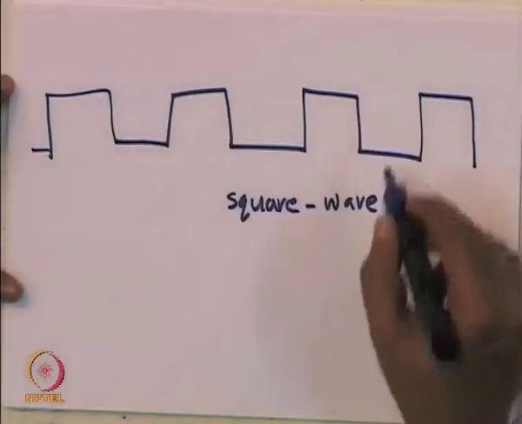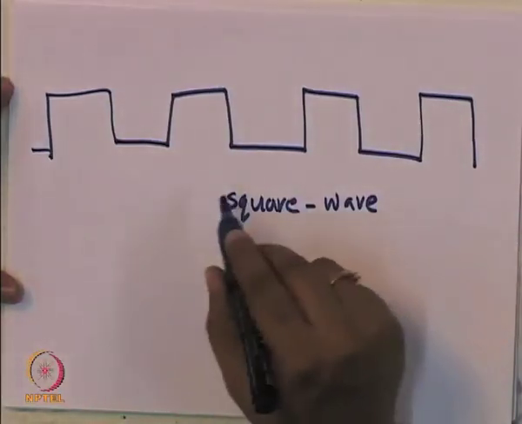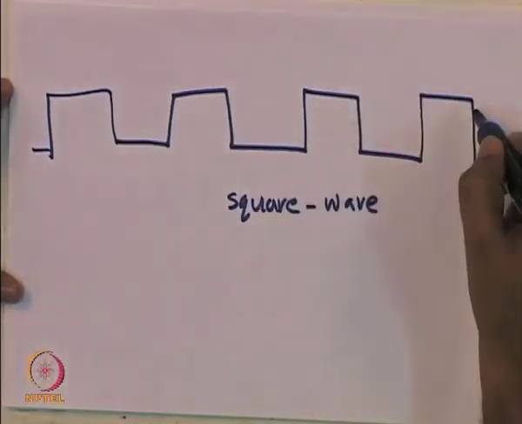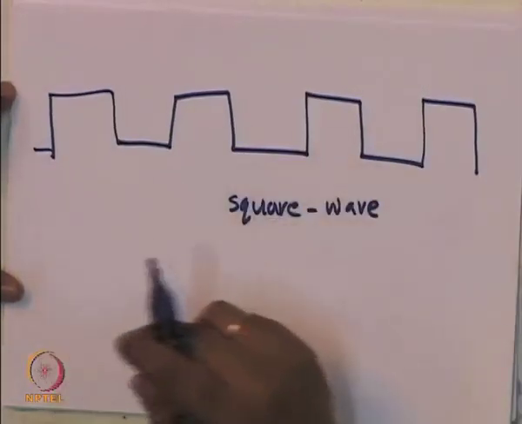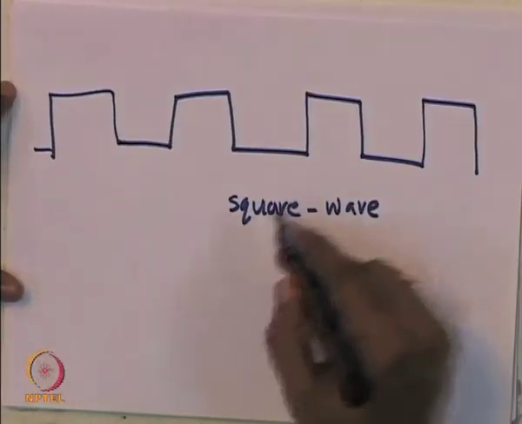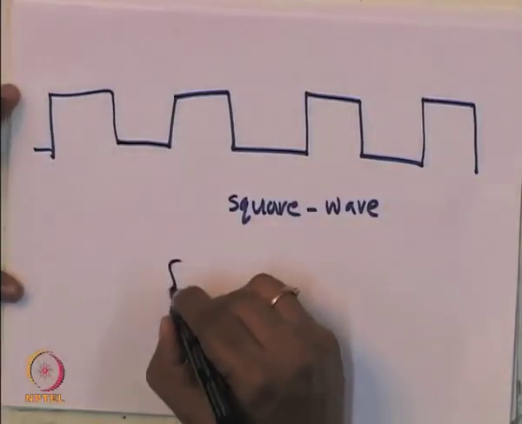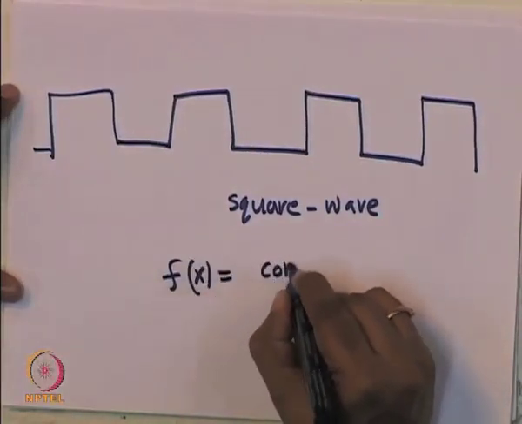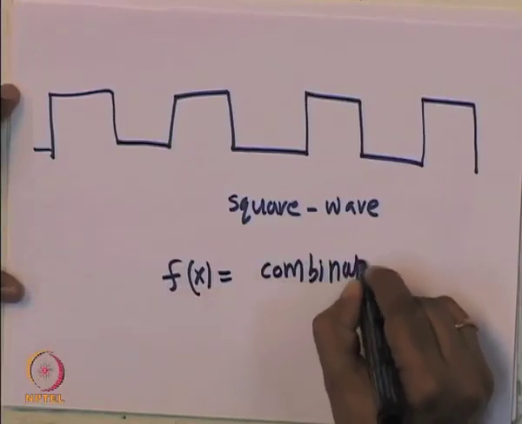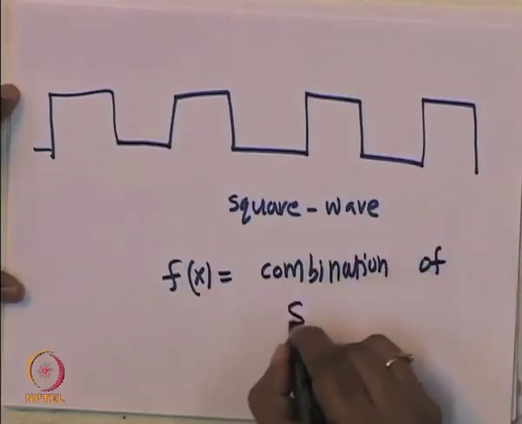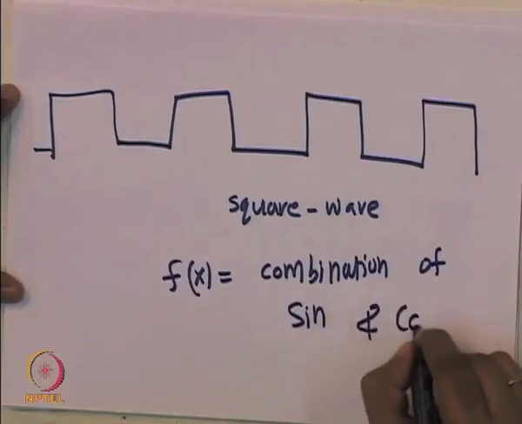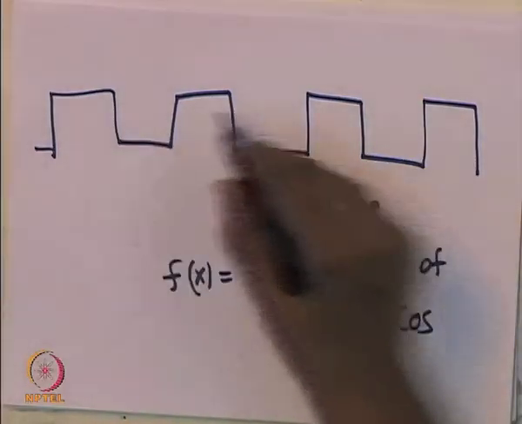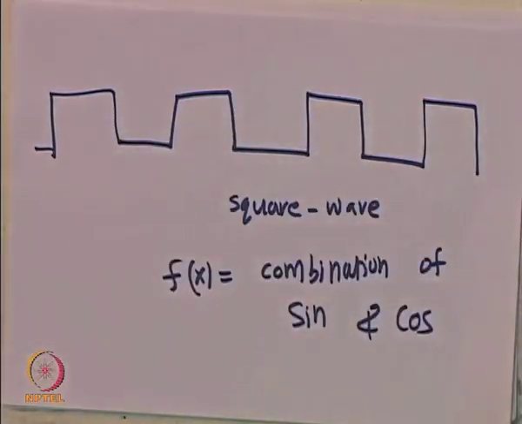It is not easy to write an equation for this, but the claim is that this kind of thing that we might see in nature can be written as some combination of sine and cos. Some combination of sine and cos can be used to represent this kind of a periodic function.